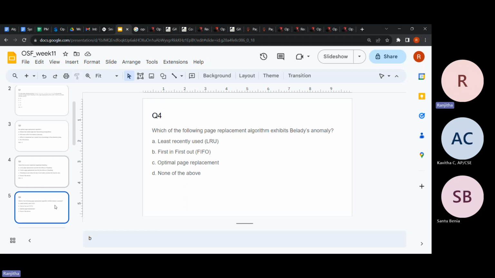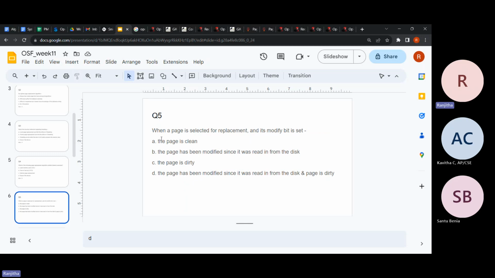Now, next question. When a page is selected for replacement and its modify bit is set. So the modify bit is set to inform that there has been some modification in this page, and this page needs to be written back to the secondary storage. So if the modify bit is set, it doesn't mean that the page is clean.